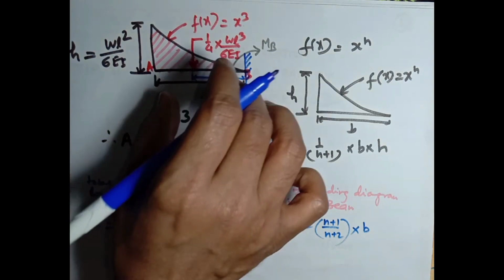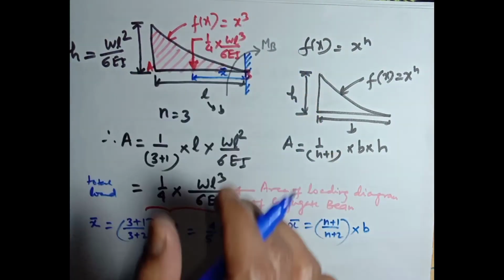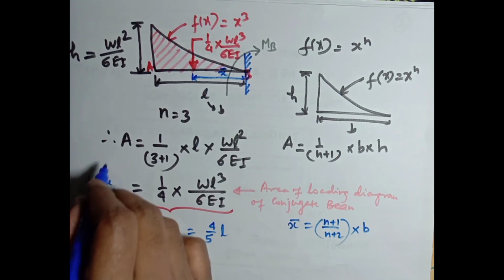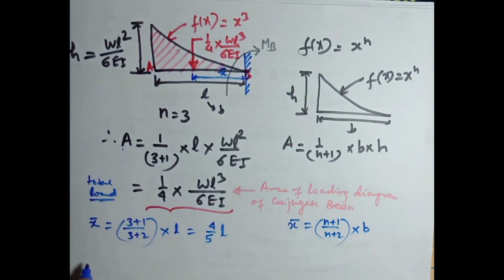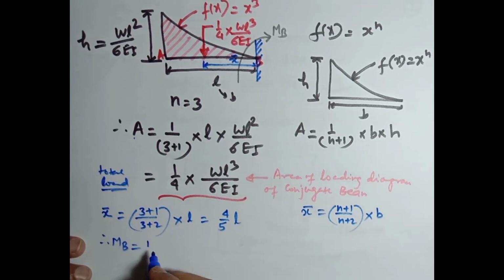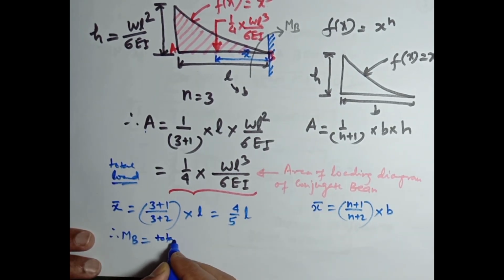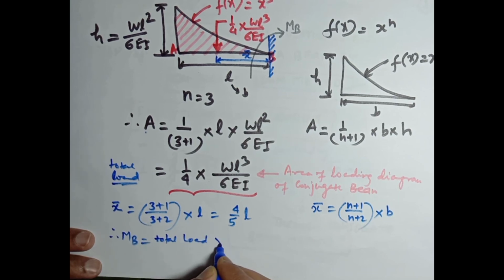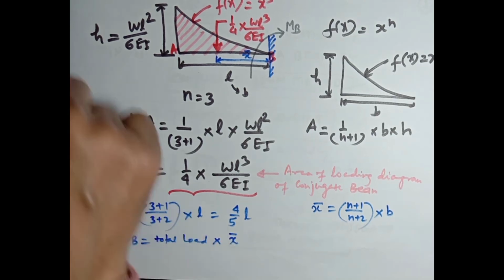Now, the centroid of this loading multiplying with this total load. This is the area of this loading diagram. So MB will be equal to total load multiplying with centroid.